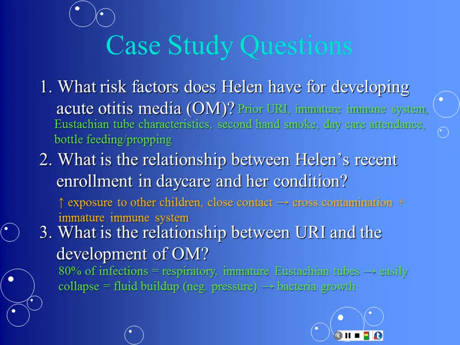They account for most hospitalizations in children, especially with chronic things like asthma. Most of them are viral. You've got those immature eustachian tubes. They easily collapse. When you have that collapse, you have that fluid buildup. Things are not draining in the ear. That negative pressure, anytime anything sits, that bacteria has a field day and grows.